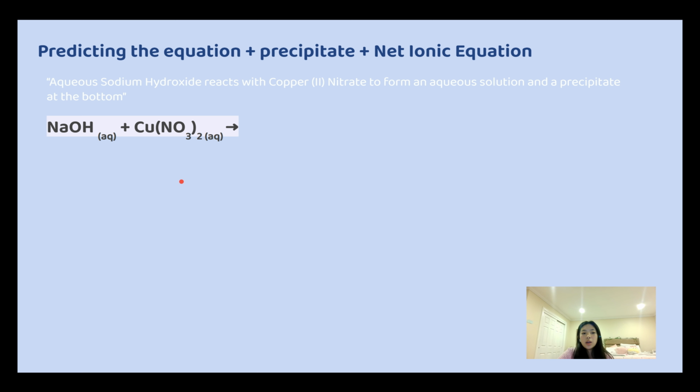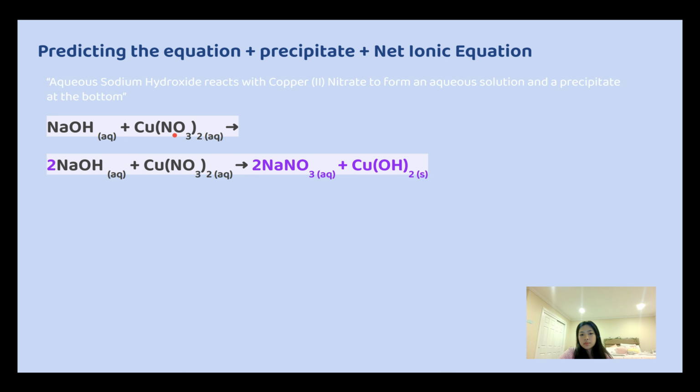Let's predict the products using double displacement. Na will displace copper, so you're going to be left with NaNO3. Copper will displace sodium, so you're going to be left with CuOH. Now let's balance.